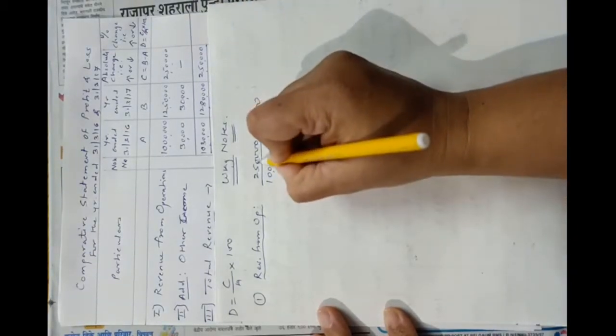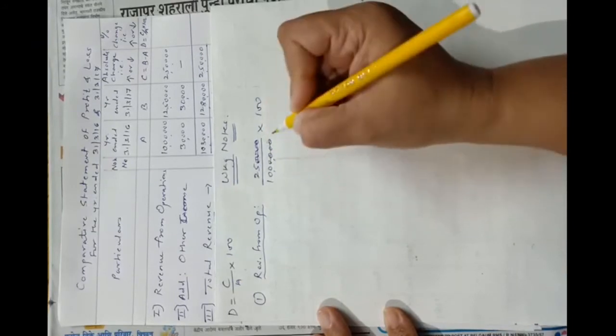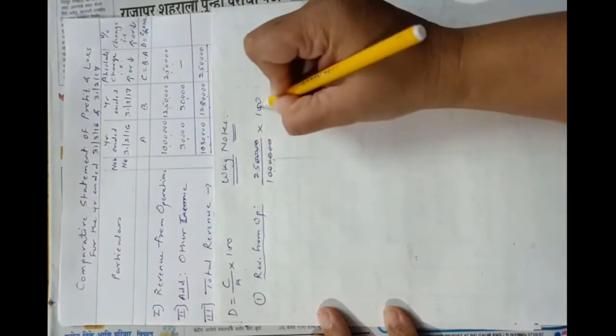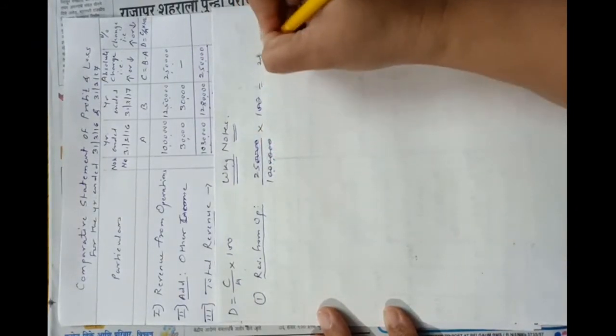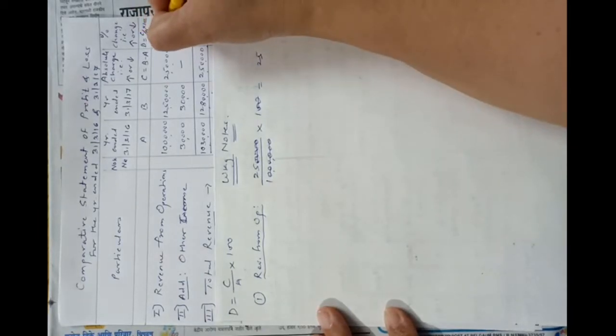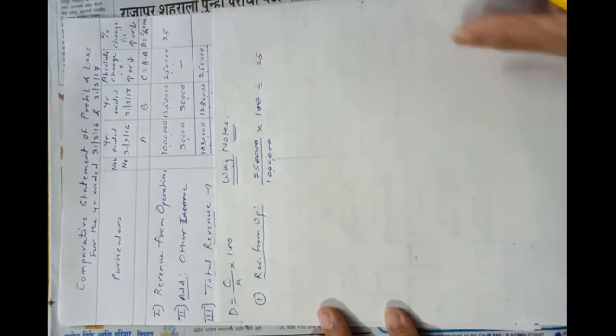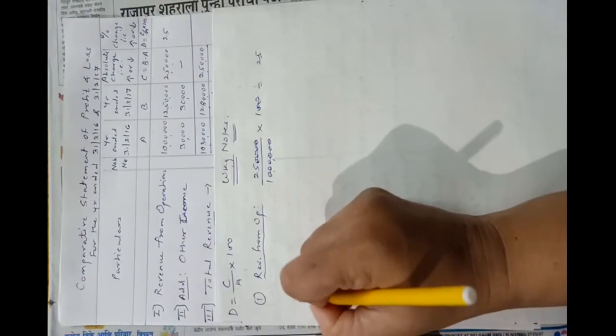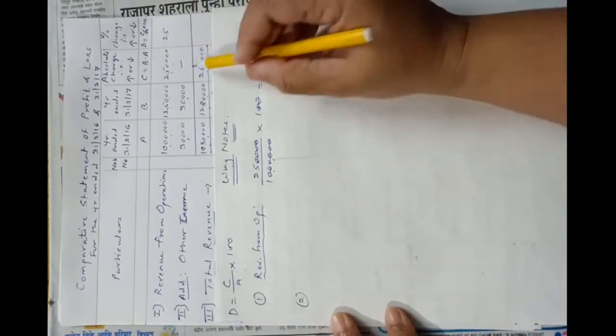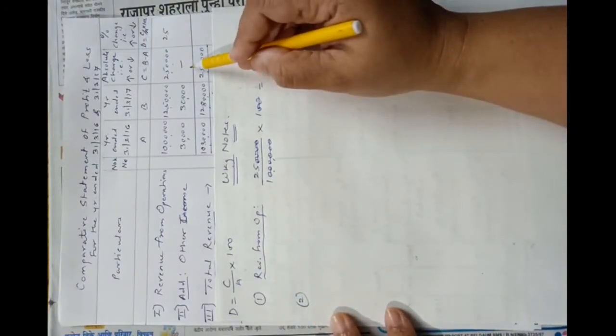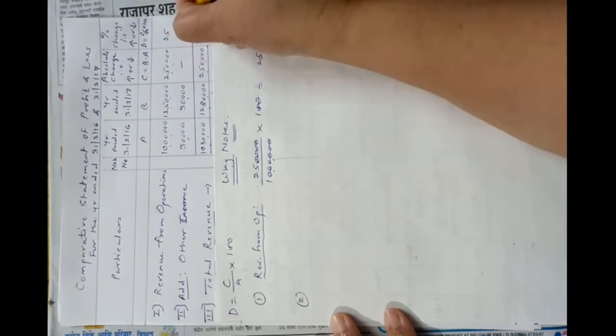So 4 zeros will cancel against these 4 zeros, these 2 zeros, these 2 zeros. So the answer is 25. So revenue from operations percentage is 25%. Now second, as there is no increase or decrease, dash here.